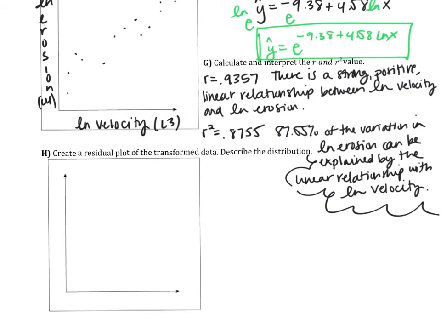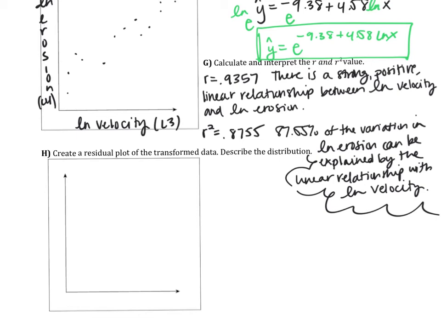Things you absolutely must know. All right, create a residual plot of the transformed data, describe the distribution. All right, so I need to get my y hat value. So up here, in my list 5, I need to calculate my y hat values.